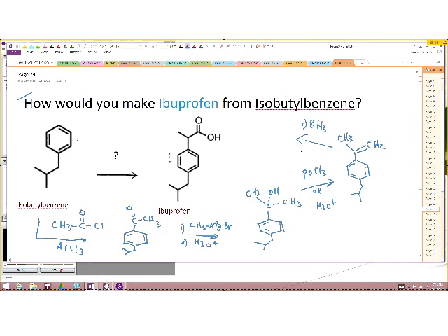Step 1, borane, followed by step 2, hydrogen peroxide in basic medium. So that gives you this. That's it.